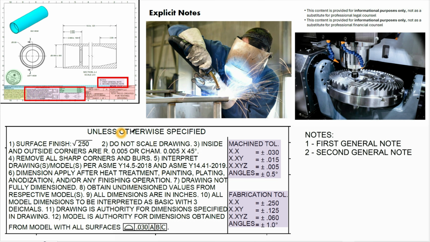Lastly, unless otherwise specified, are the machining tolerances called out and the fabrication tolerances called out. So depending on the requirements of your part, you could either make it by hand, aka fabricate it, with looser tolerances, or you're forced to machine it with a CNC where you get extremely accurate dimensions, and here are the tolerances called out based off the number of decimal points.